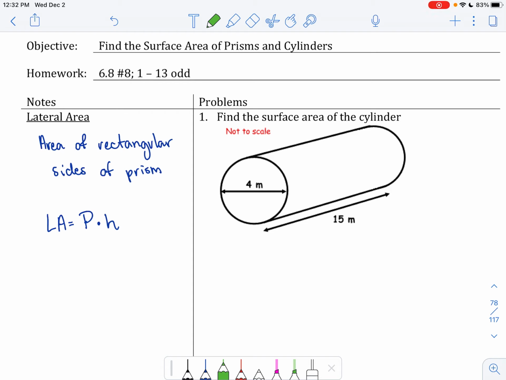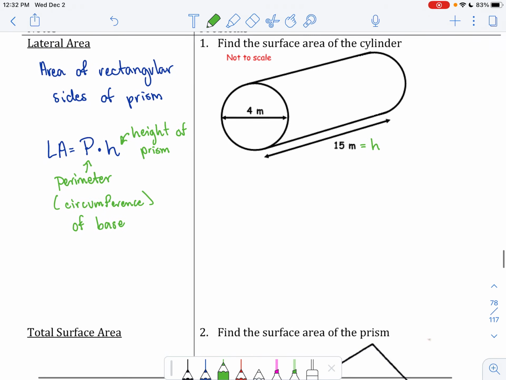Just like volume is base times height, this is the perimeter, remember that may mean circumference if it's a circle, of the base. And height, as always, is the height of the prism, which is the distance between the two bases. In this case, we're looking at the same prism from last week. 15 is the height of the prism right there.